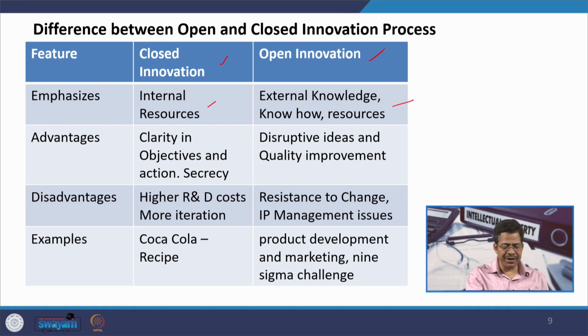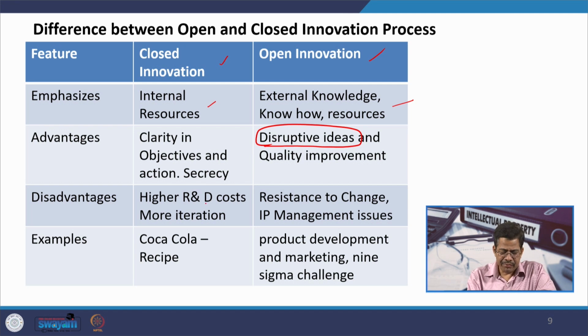In closed innovation, we have clarity of objectives and actions. You keep everything very confidential within your control, while in open innovation, different people are collaborating, and some disruptive ideas may come. Altogether, very groundbreaking ideas may come.